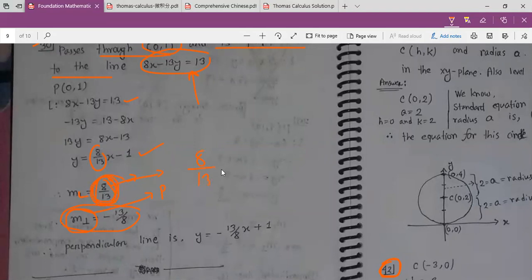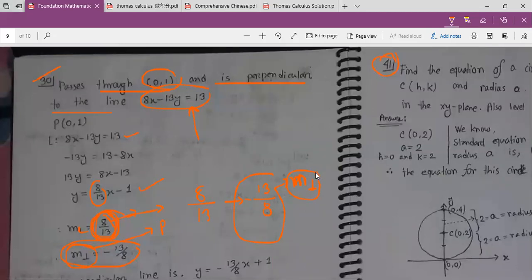The reciprocal value of 8/13 is 13/8, and we have to put a minus before it. So the value of the slope of that perpendicular line will be minus 13/8.